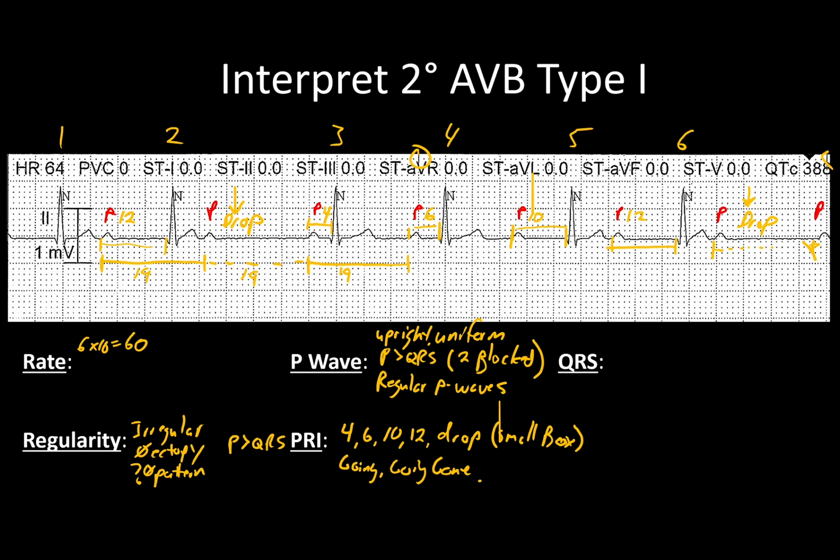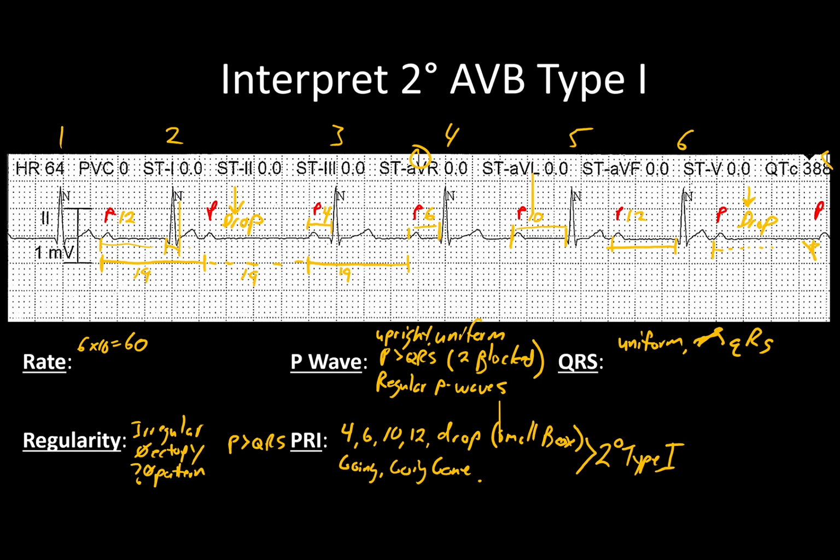So knowing that alone, we can look at that and say that's very, very likely a second degree type 1. And we really don't have to do much more than that, technically speaking, but because we always do a good and thorough job, we have to double check our QRSs just to make sure that they are uniform. They have the QRS pattern, and the measurement on those is from about here to here.